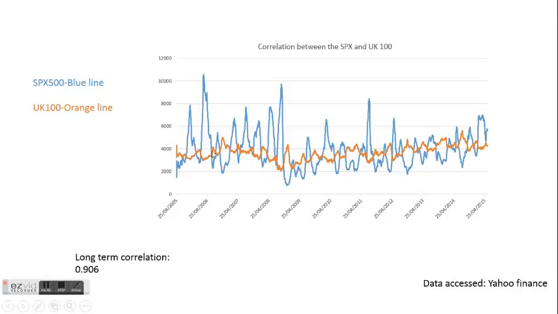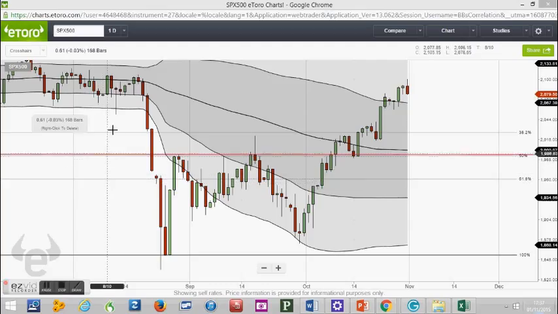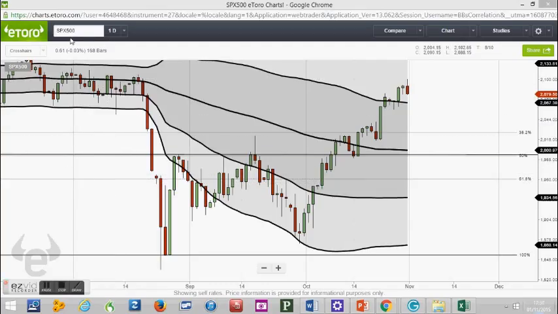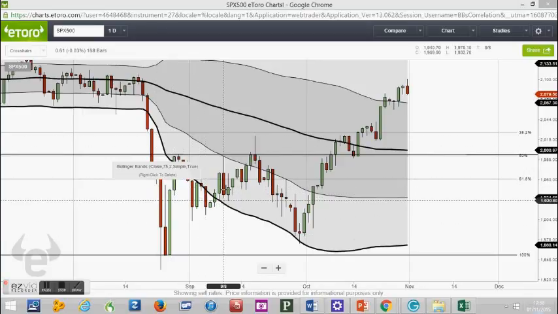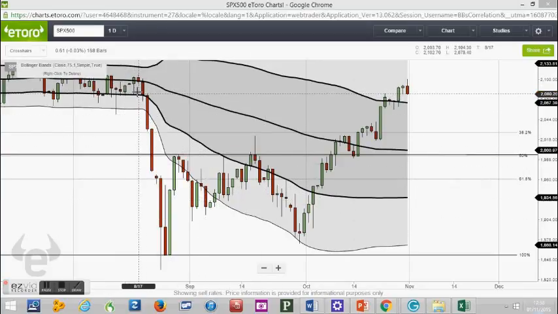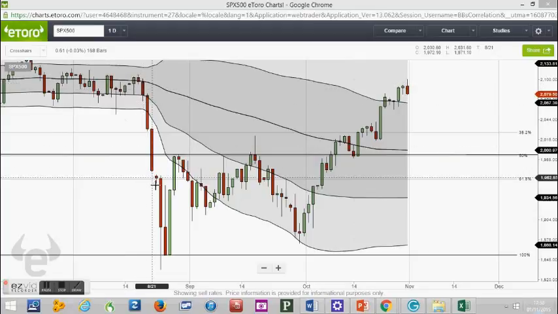For this, I'm going to pop up a screen of the S&P 500 as well as the UK 100. So let me just get this up. This is a daily chart of the S&P 500, and what you need to take note of here is just the movements of the asset. In late August we had a big sell-off.